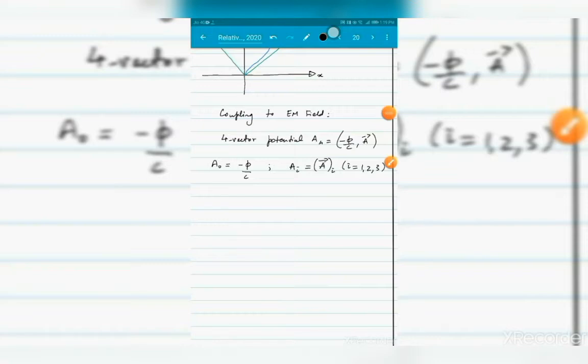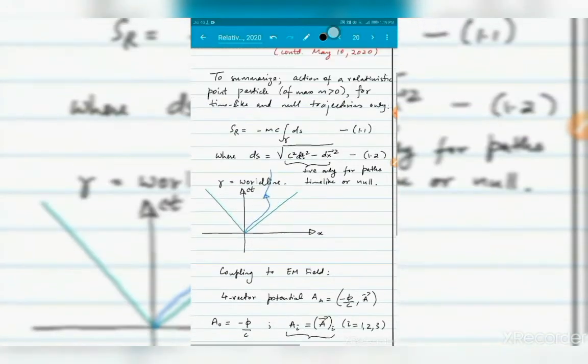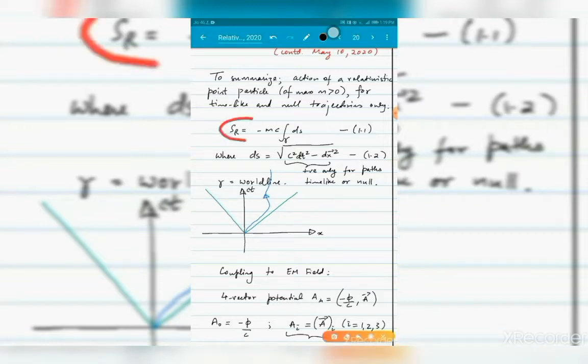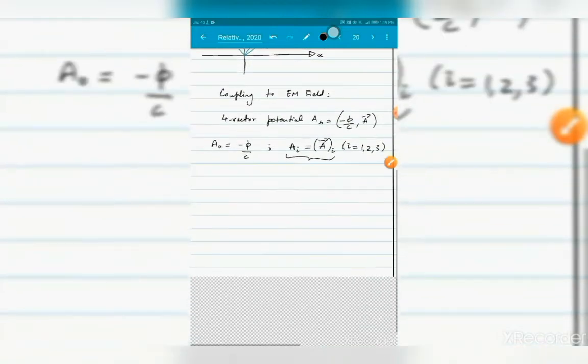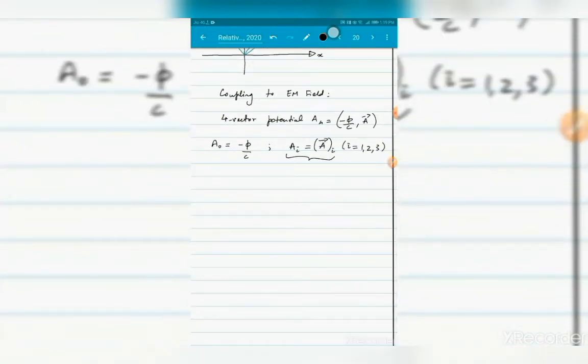So what we have to do now is figure out some way of incorporating this vector potential and combining it with the action for a relativistic point particle which we had written down earlier in equation 1.1. So how do we do that? Well, let's think about this for a second.